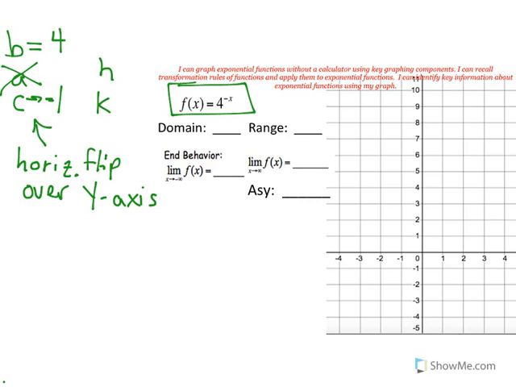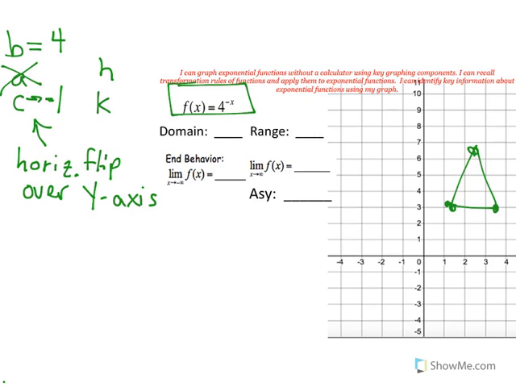So look over here on this graph. Say I've got this triangle here with these points. And I'm going to flip that over. I'm going to flip it horizontally over the y-axis. So I'm going to flip it to somewhere over in this area.